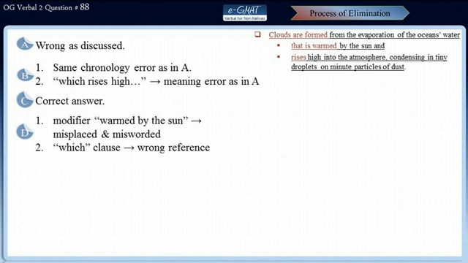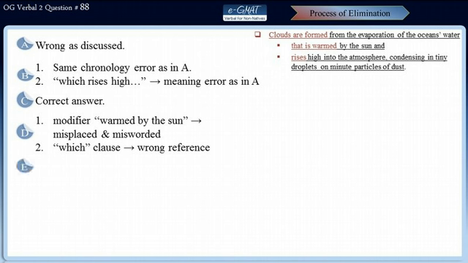If it is referring to the process of condensation of evaporated water to form dust particles, then grammatically it is incorrect, because being a noun modifier, which cannot refer to an action. And suppose it is referring to the closest noun dust, then logically it is not correct, because dust does not form clouds. So in both ways, which clause does not have a proper reference. So choice D is not correct.